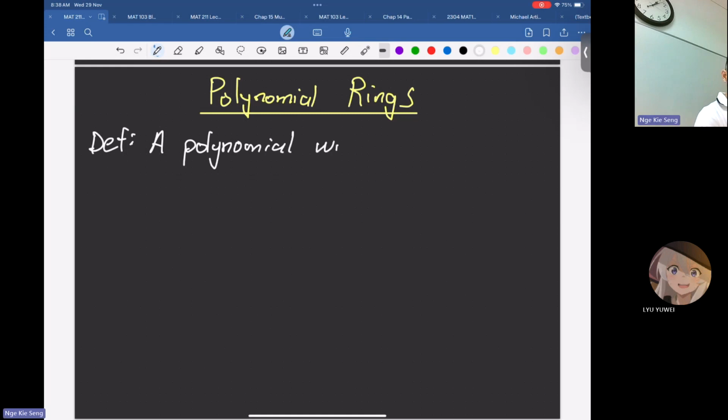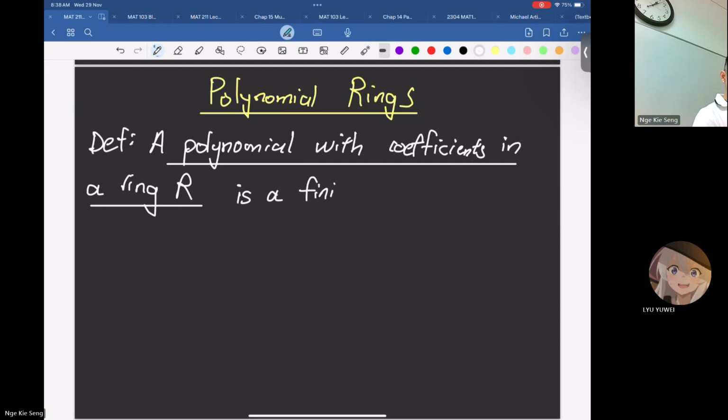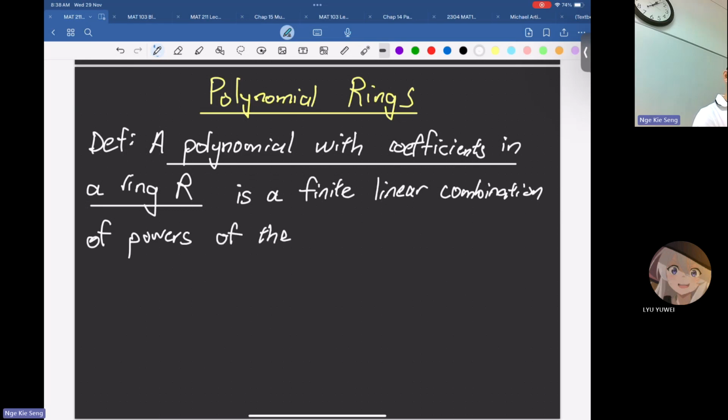A polynomial with coefficients in a ring R is a finite linear combination of powers of the variable. Let's take x at the moment.